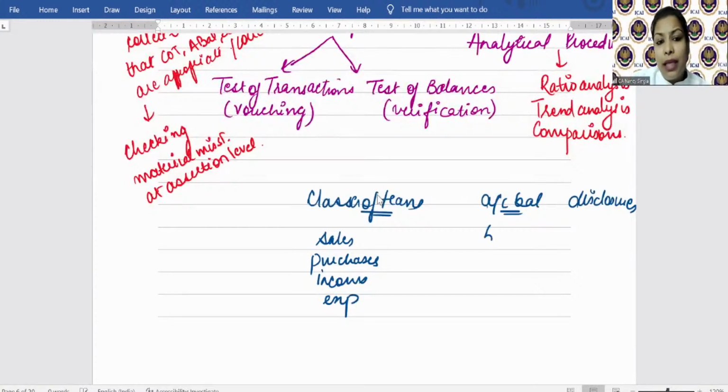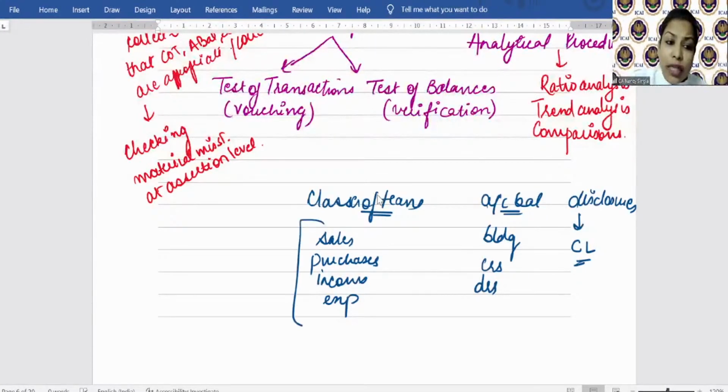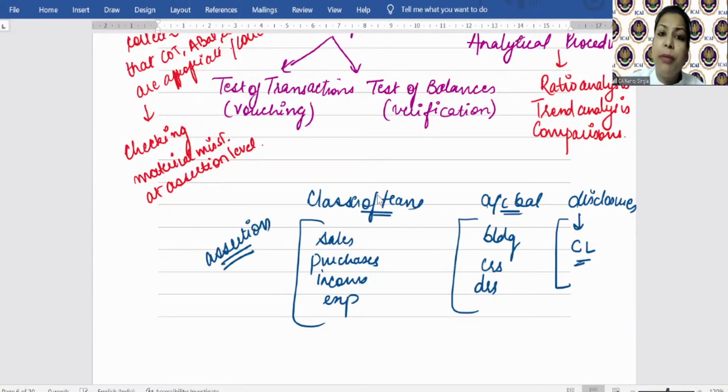With respect to account balances, let's say a building balance as on the last day of the financial year, or creditors balance, debtors balance. Disclosures, let's say with respect to contingent liability. Now, what are all these? I told you, for now understand them as assertions, that is, information present in the financial statement, right?